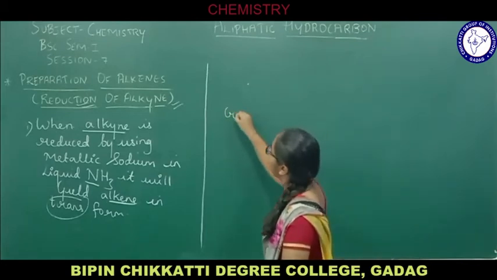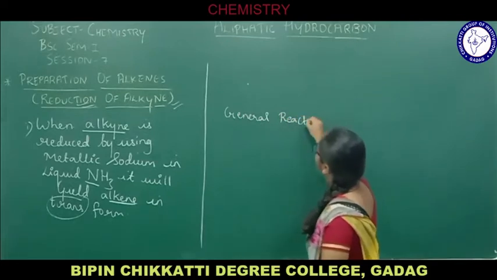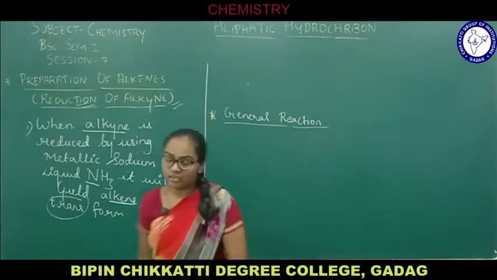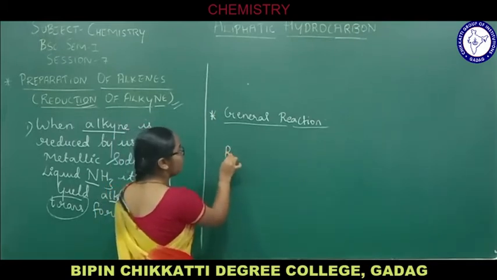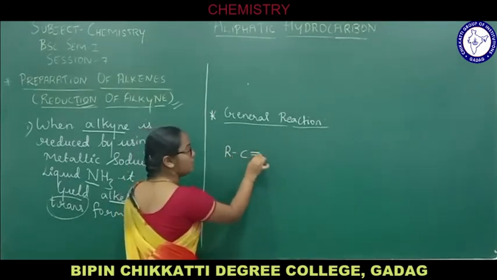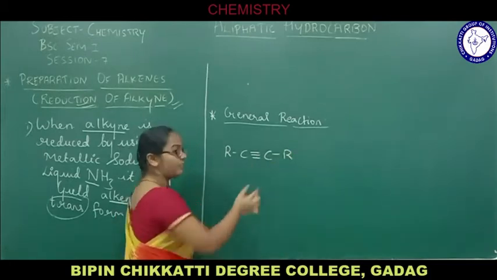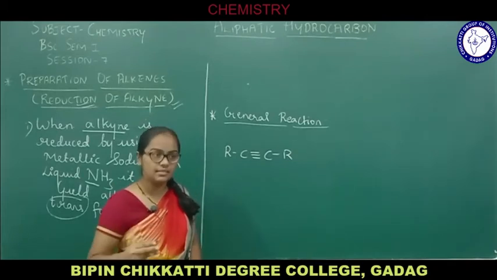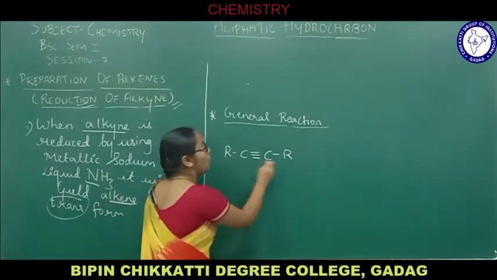Now the general reaction we'll write down here. The alkyne will have the functional group written like this: R, C triple bond C, R. It means the two alkyl groups are present in the periphery, and the triple bond is present between the carbon-carbon atoms, between this long chain.